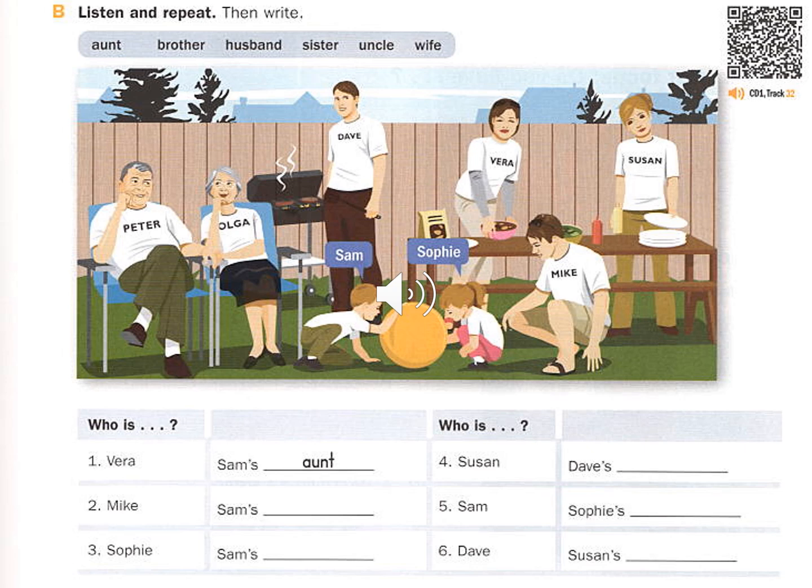Dave's wife. 5, Who is Sam? Sophie's brother. 6, Who is Dave? Susan's husband.